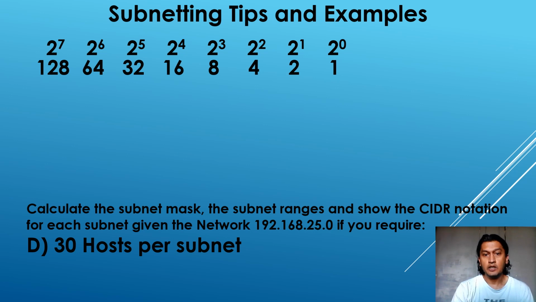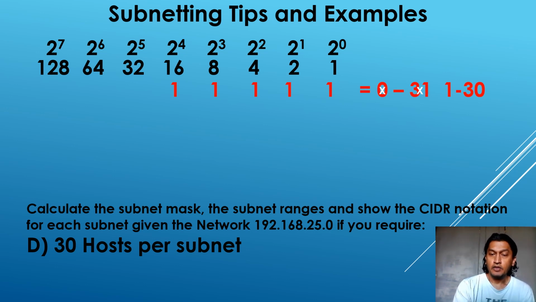The example was 30 hosts per subnet, and surprise, surprise, the answer is exactly the same as the last one. Why? Because again, I need 5 ones to get me to 30. Remember, 5 ones gives me 0 to 31, just like the last example. I can't use 0 and 31, so I've got 1 to 30, which accommodates my need for 30 hosts.